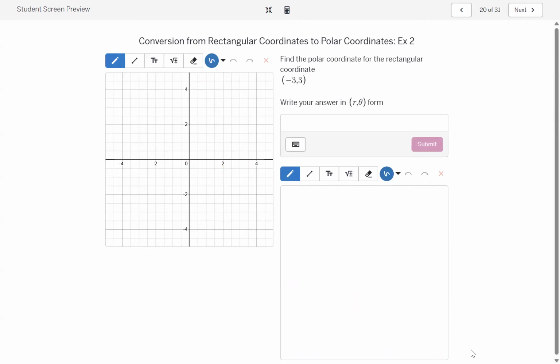All right, so this will also help answer when would we use negative or positive radius. So we're going to look at this point negative 3, 3.